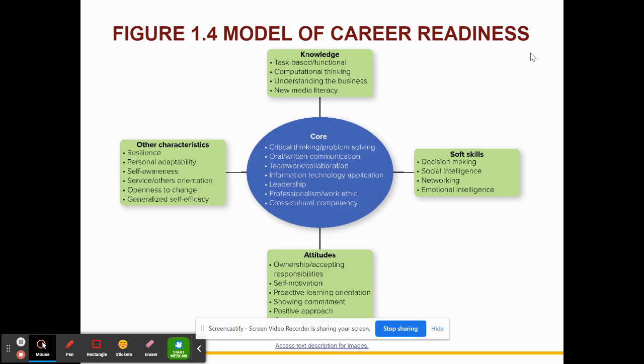Figure 4.1, model of career readiness. So knowledge, soft skills, attitudes, other characteristics, and then the core there.